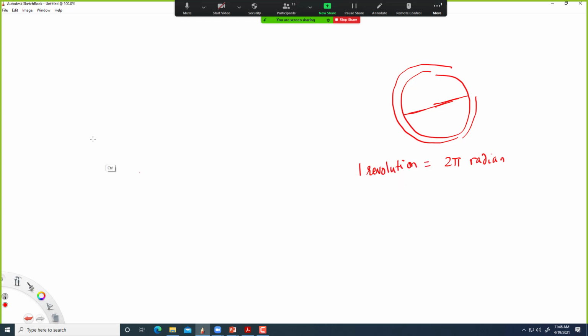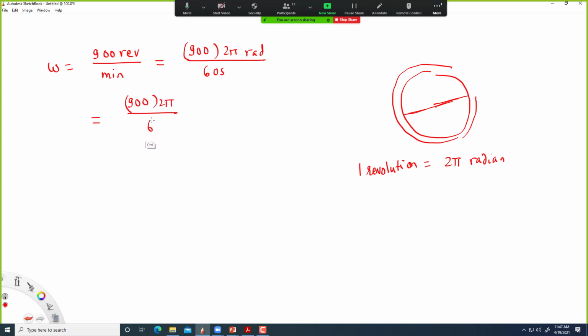So we have 900 revolutions per minute. Each revolution is 2 pi radians. And now we want to convert minutes to seconds. 1 minute has 60 seconds. So 900 times 2 pi over 60 radians per second. That's the angular speed.